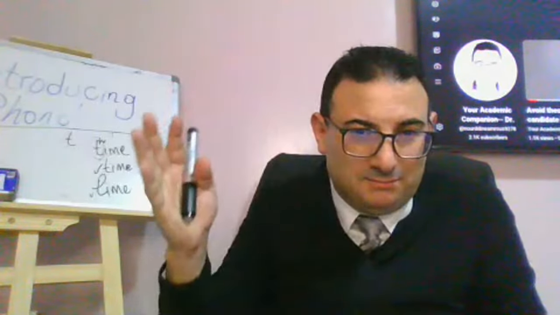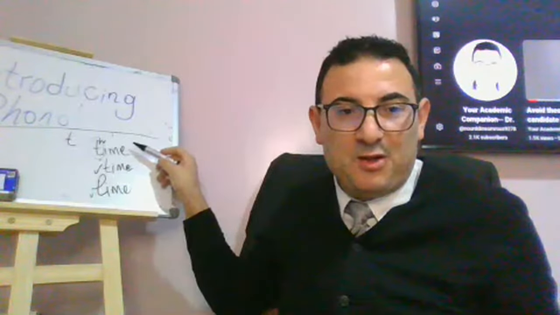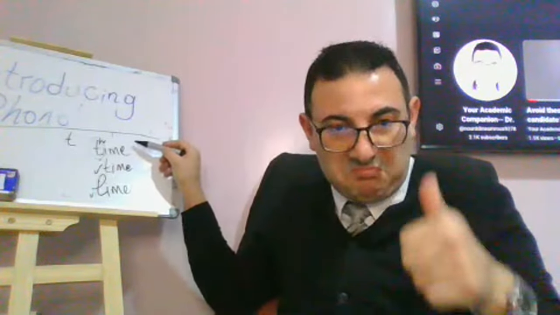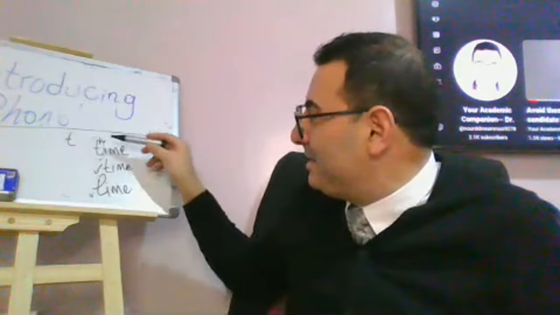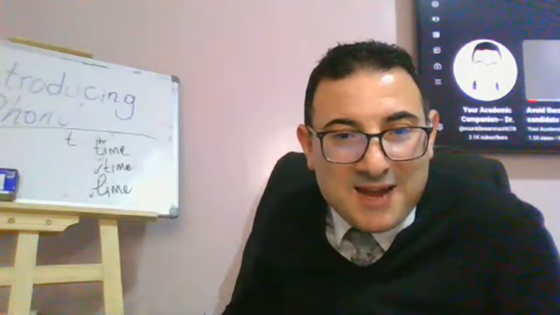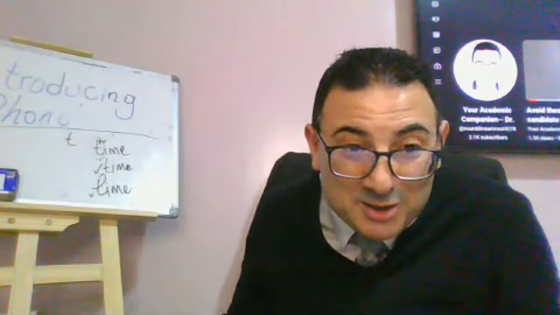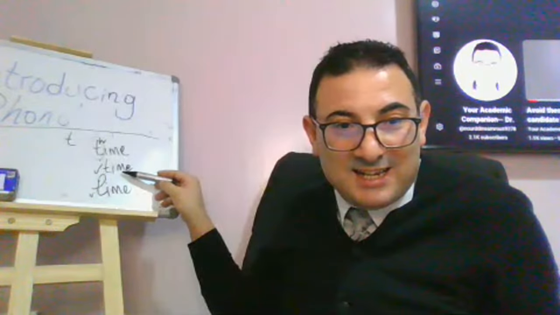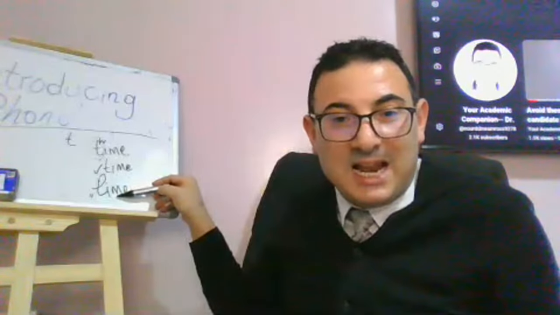He asks someone to produce time. The first person says time. Very good. The second person does not say time with aspiration, he says or she says only time without the puff. The third person does not say time, he says lime.